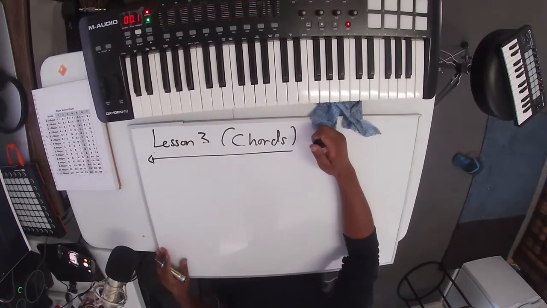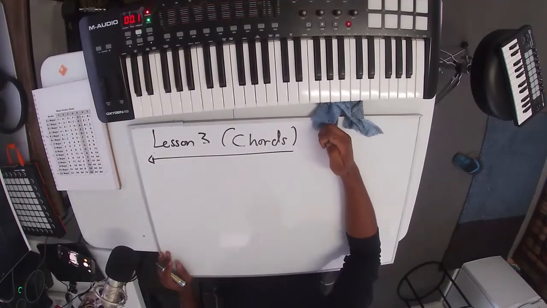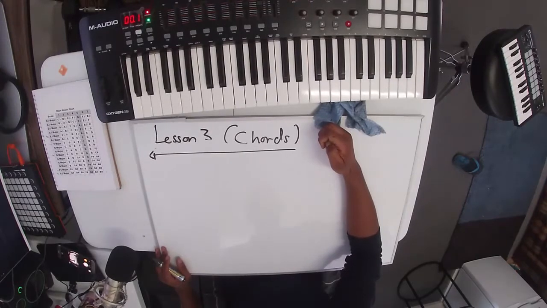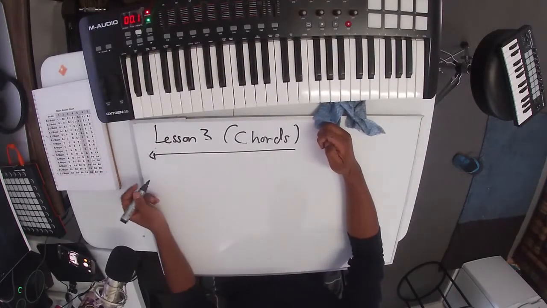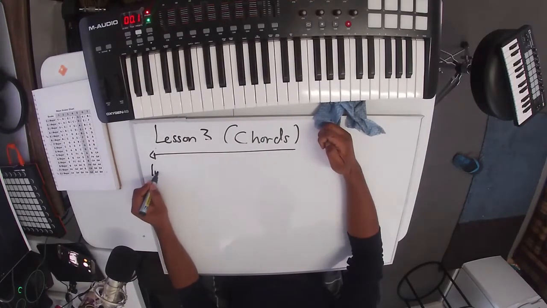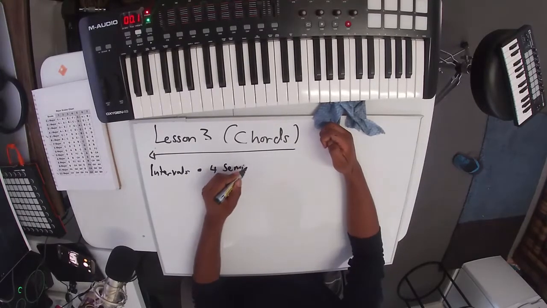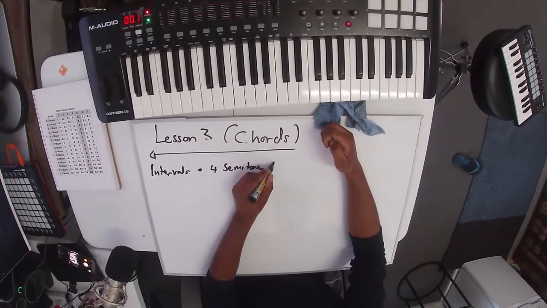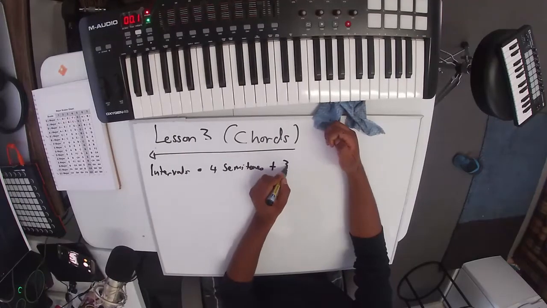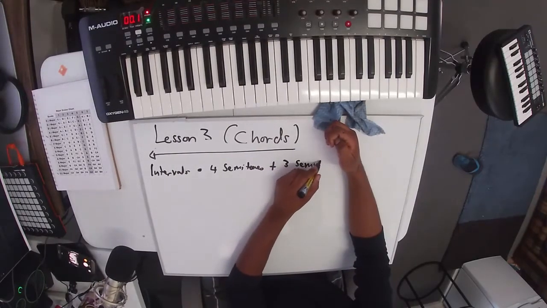The second way to form major chords is to use intervals. So the formula would then be intervals: 4 semitones plus 3 semitones.